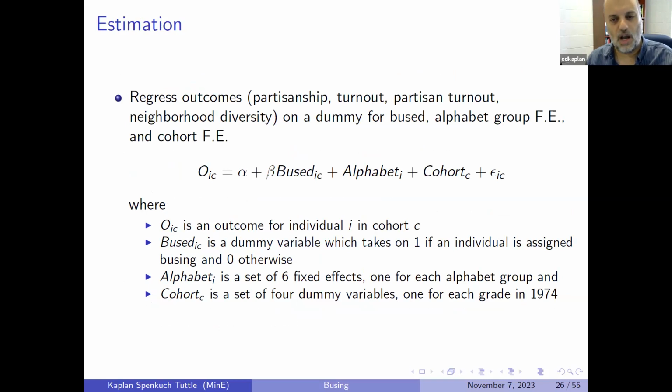And we're going to use the differential change in busing for the groups like A, B, F, and Q, the alphabet groups that differentially got bused later on in the sample relative to earlier in the sample, and we're going to compare the changes for those groups relative to other alphabet groups that did not experience a change in busing.